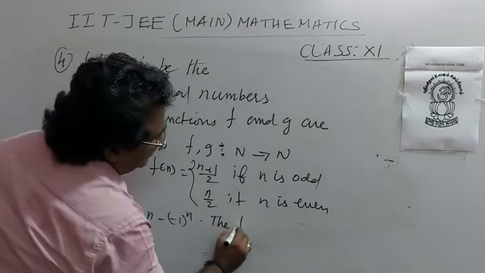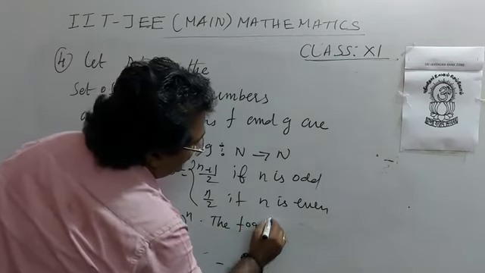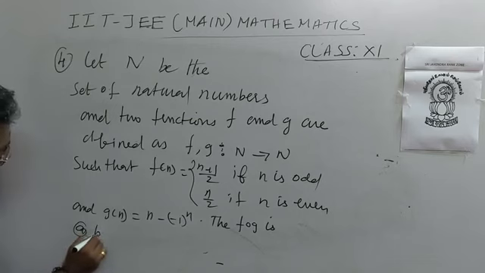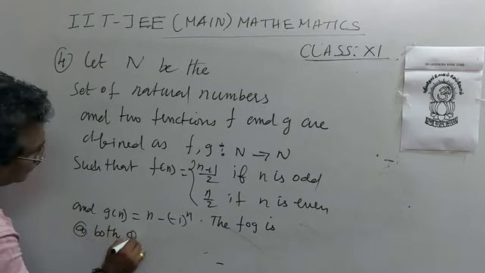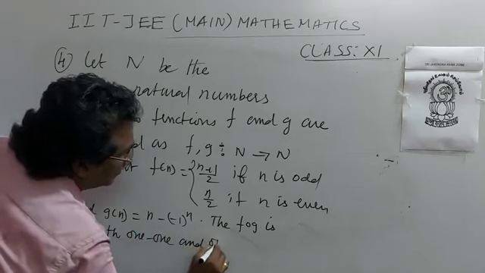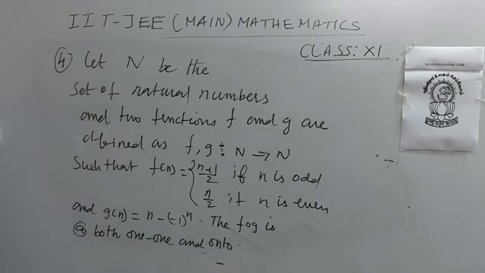Then the product f g, f product g is: Option A, both 1-1 and onto.